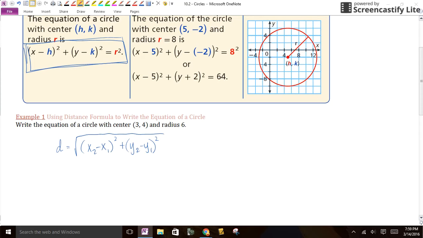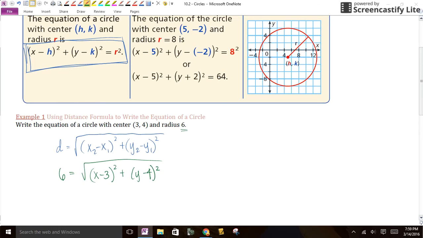And then from there, I can go, all right, now let's find it using this. Well, we know the distance for this, right? We know it's 6. So I can put 6 here, and I know the center, we'll call that point 2, I guess, and this point 1. The square root of (x minus 3) squared plus (y minus 4) squared equals 6. And then how would you solve that?